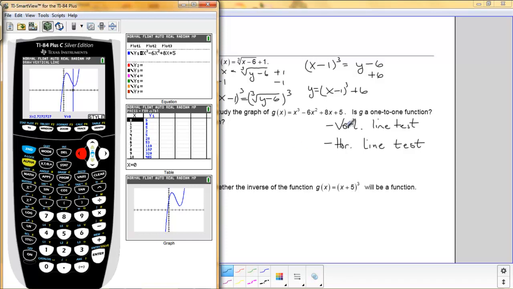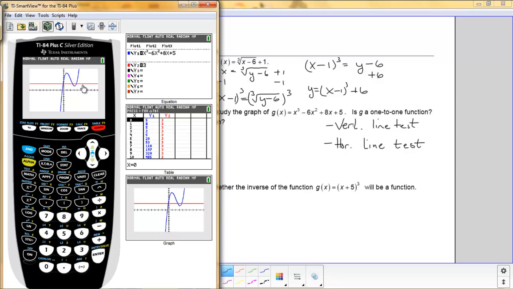That means that so far the graph is a function. Now we're going to do the horizontal line test. For the horizontal line test, we have to go back to y equals, but I'm going to go ahead and pick a place where I know it's going to fail so I can show you what to do. So I'm going to pick 3, and down in y2, I'm going to put y2 equals 3. After graphing that, you'll see this, and how many times does the graph touch the red line?